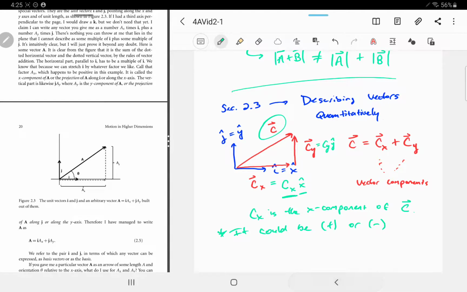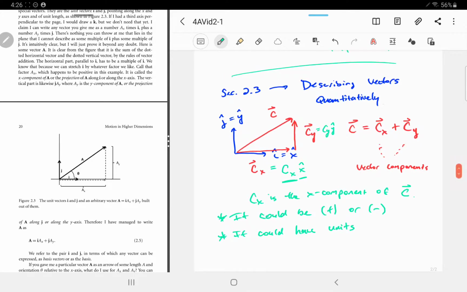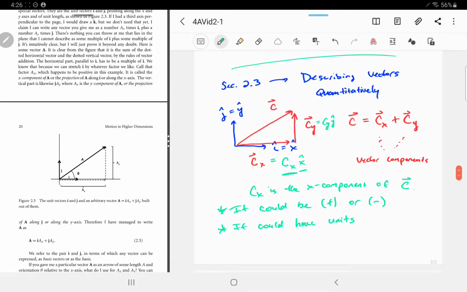And the amount by which it's pointing right or left will be the magnitude of Cx. Okay, so it could be positive or negative. It could also have units. If C has any units, they live in Cx. If this is a displacement vector, it might have units of meters in SI units.